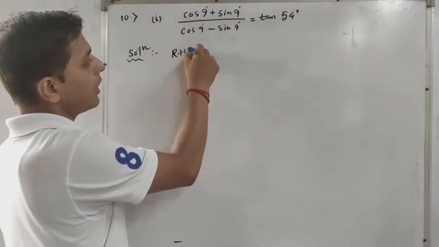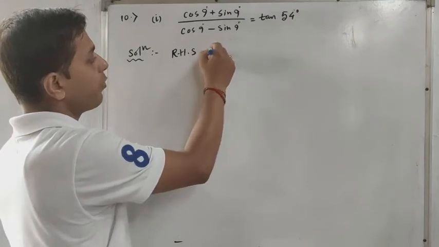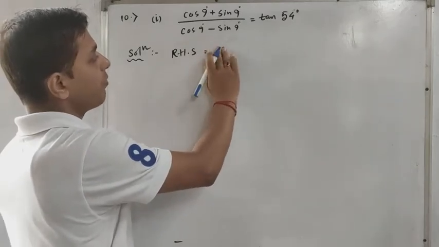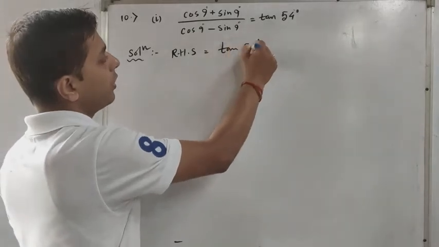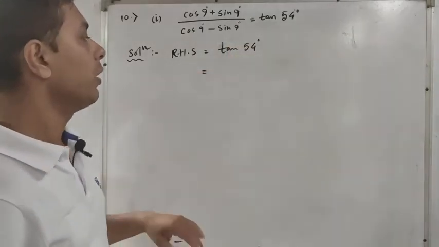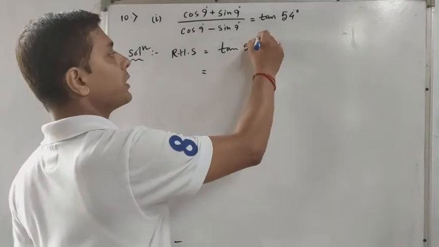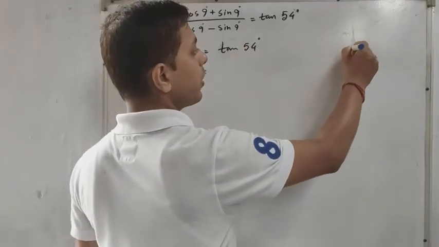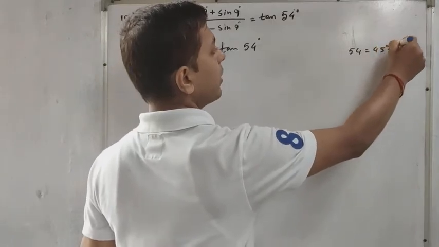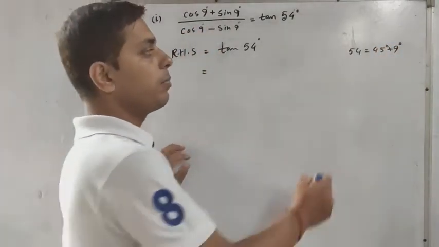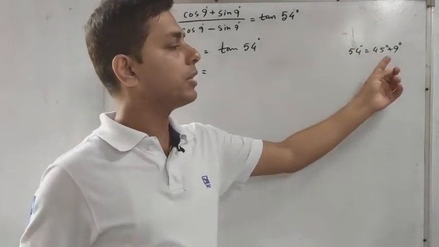We have the right hand side as tan 54 degree. Now, tan 54 degree, can we break it as 45 and 9? Yes, because we know that 54 is equal to 45 plus 9 degree. 54 degree can be written as 45 degree plus 9 degree.